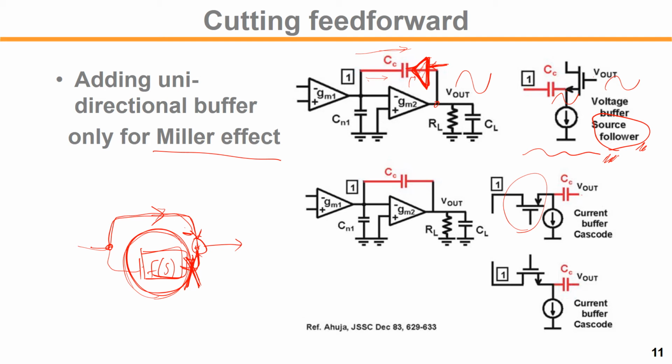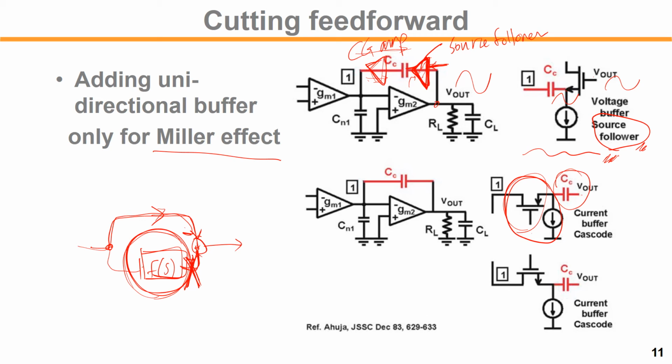So capacitance there. In that case, this amplifier is put in there, right? So this is a source follower, or the common gate CG amp, right?